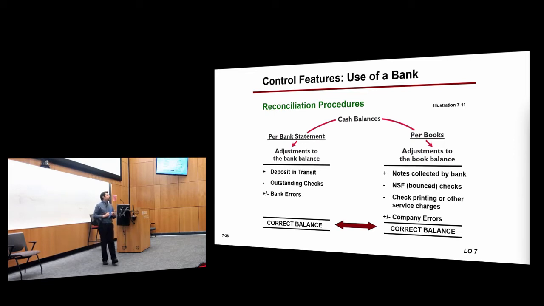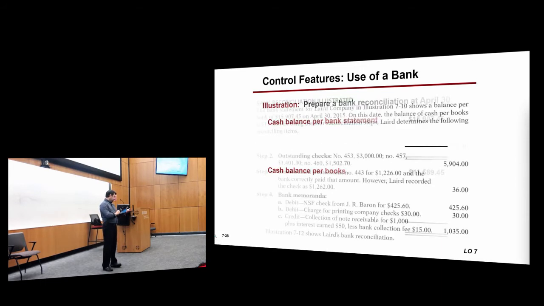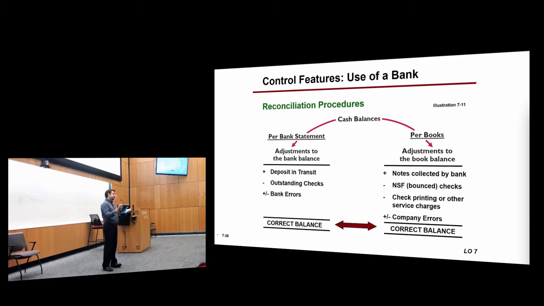This is what you will be helping me with later on to see how we get to the adjusted, or the correct, balance. Okay? I know, my mistake. Sorry. So this is the one. Basically, you start with the bank account balance according to the bank statement.